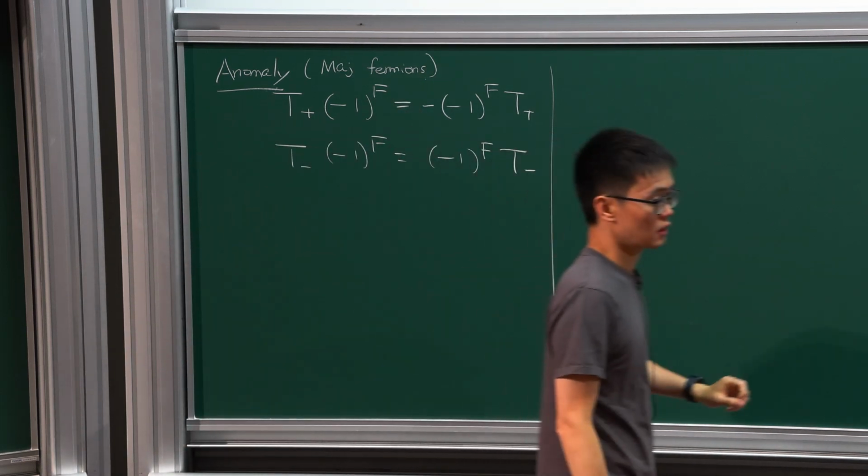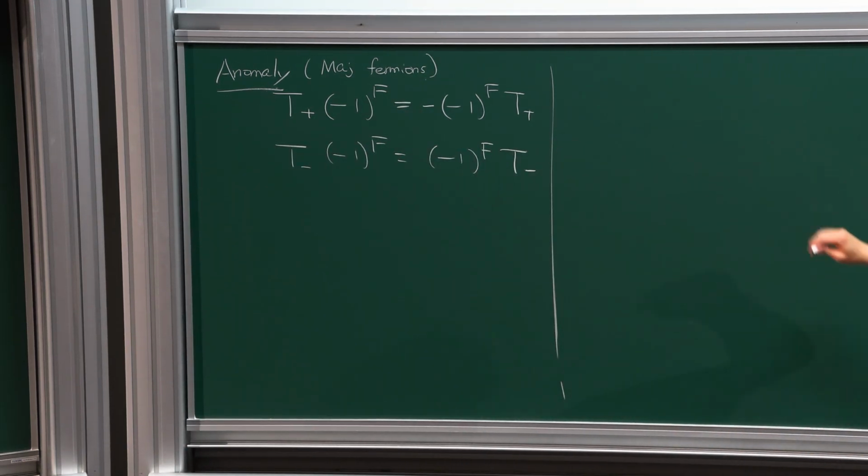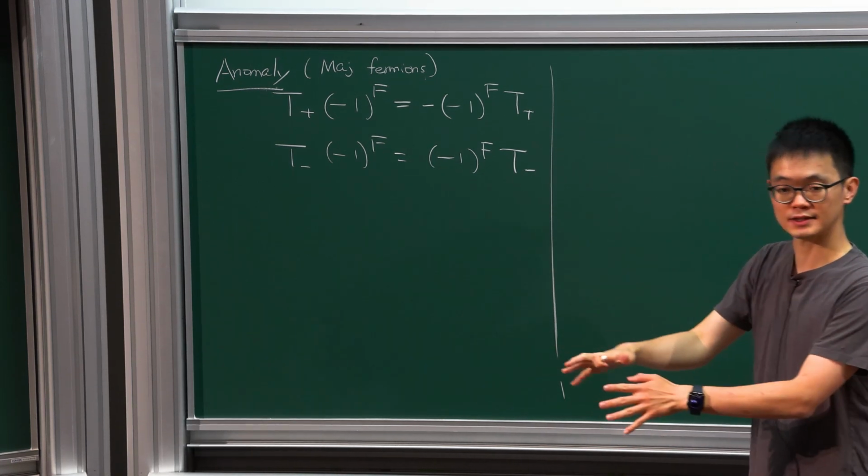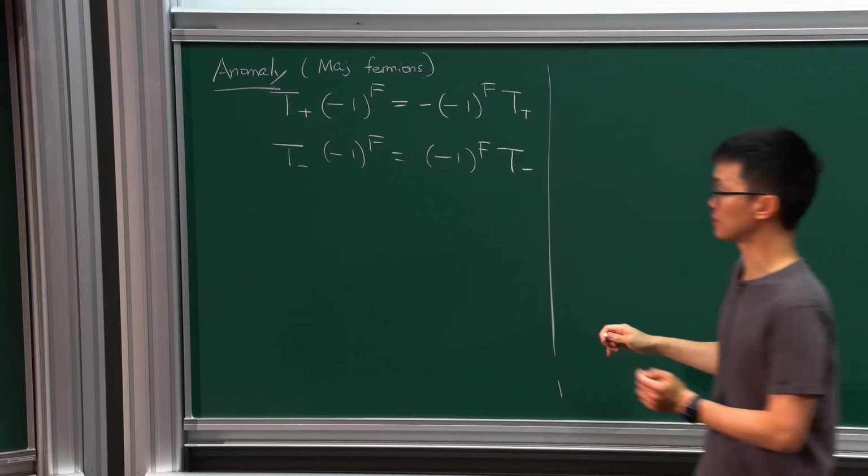So moving on, we eventually want to get back to the Ising model. We want to relate the Majorana fermion to the Ising lattice model.